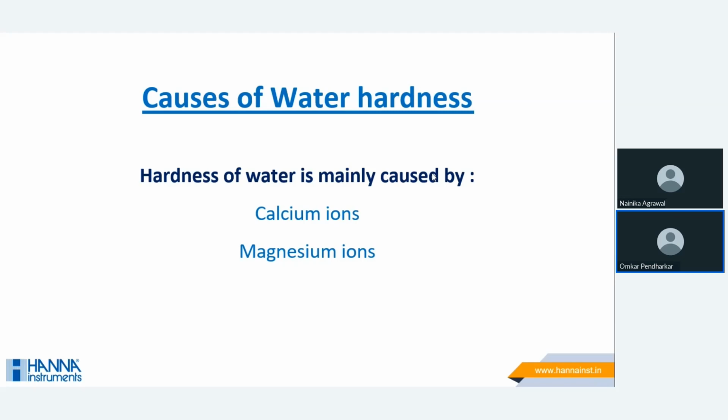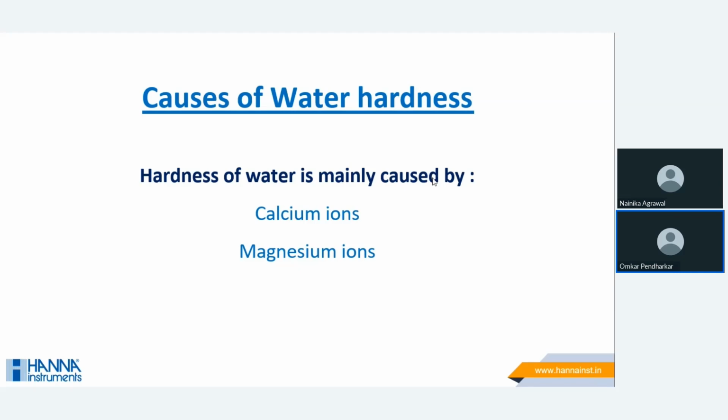So when we measure the hardness of water, that contributes to the measurement of calcium ions and magnesium ions present in the water. There are also some extra factors which cause the hardness of water, but they are in a negligible amount compared to calcium and magnesium.